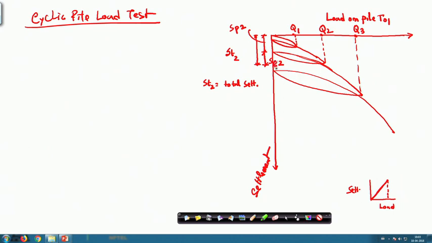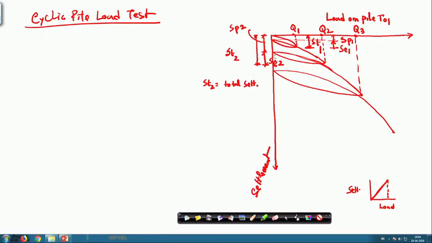Similarly for 1, this is the total settlement ST1, and it has two parts: SP1 and SE1. SE, elastic settlement, means the settlement which is recovered, and plastic settlement is the settlement which is not recovered, that is, the permanent deformation.